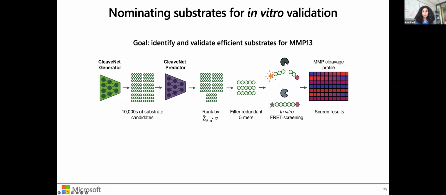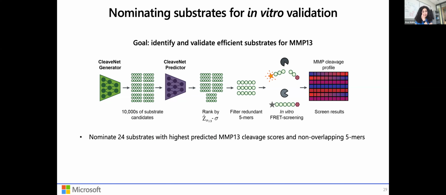And here our experimental setup is we can synthesize these synthetic substrates with a fluorophore on one end and a quencher on the other end, such that, again, cleavage by MMP13 will trigger fluorescence, and we can read this out via a fluorescence assay.